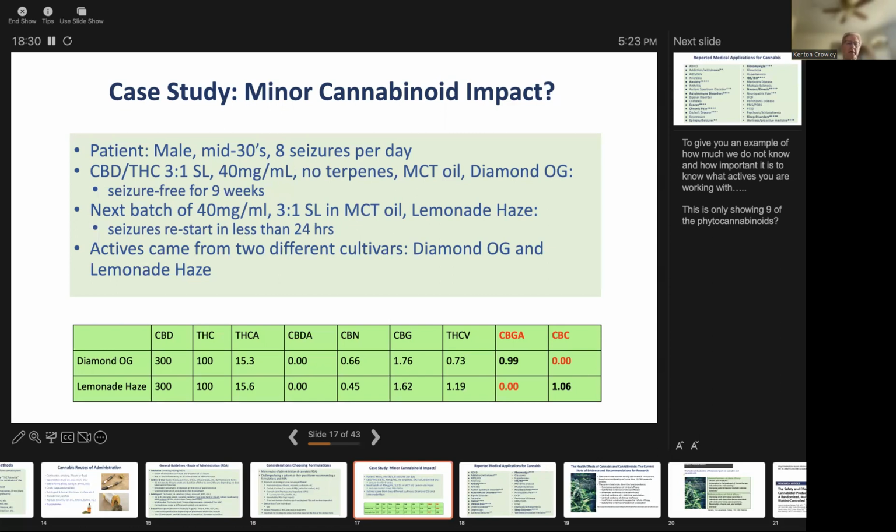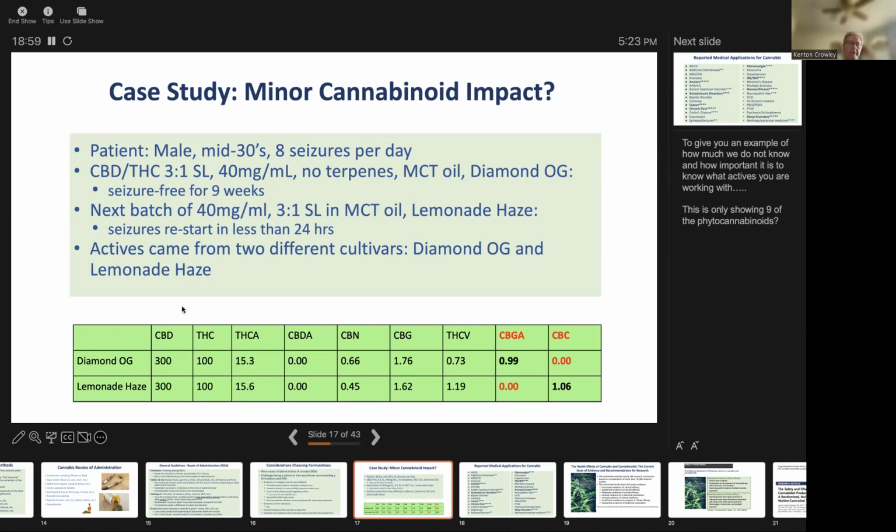This patient became seizure-free in around 24 hours and stayed seizure-free until his next refill, when he went back and asked, can I get a 3-to-1 sublingual solution, 40 milligrams per mil? Well, the dispensary bud tender gave him the same looking product.